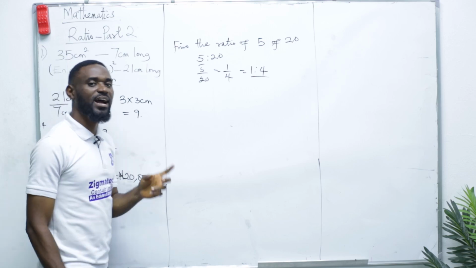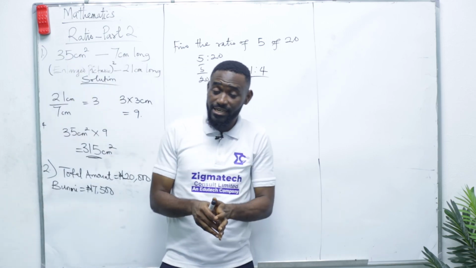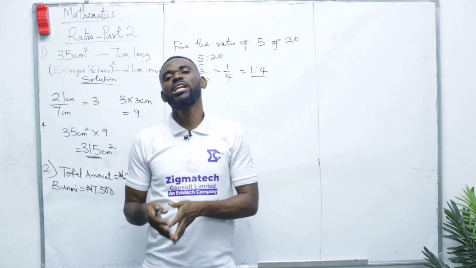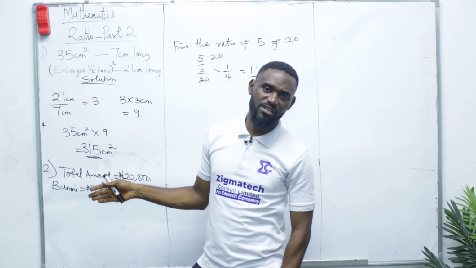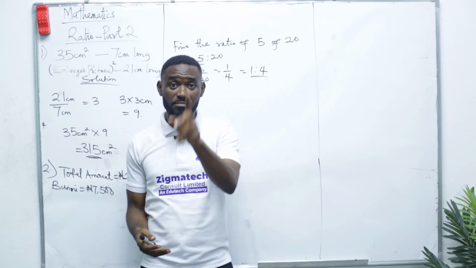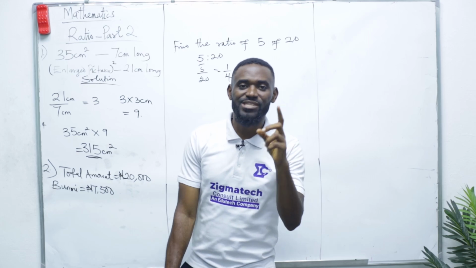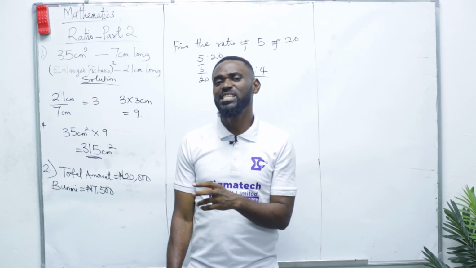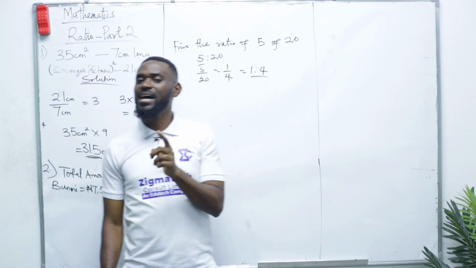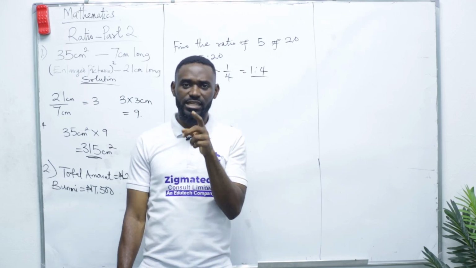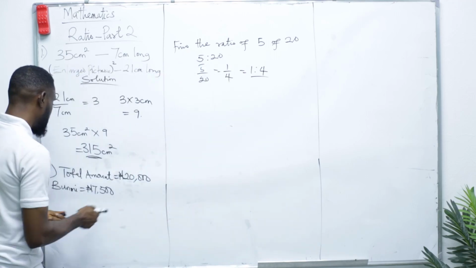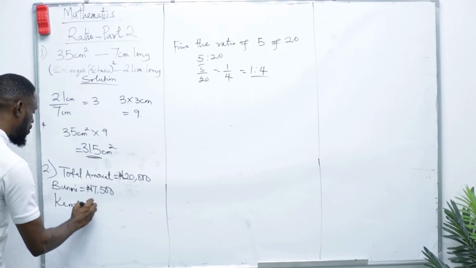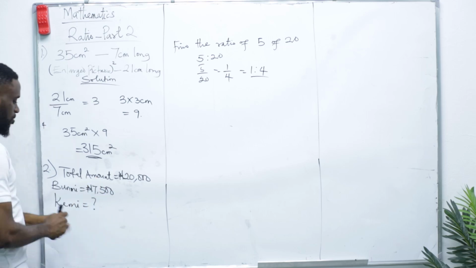And for us to find the ratio of the sharing, that means we must know what Kemi received. They only told us what Bumi received, but we do not know what Kemi received. But remember, they were given 20,000 naira to share between two of them. So it means that each of them has a share of that 20,000 naira. Do you understand? So if they have said Bumi received 7,500, it means Kemi, what did Kemi receive? We don't know.